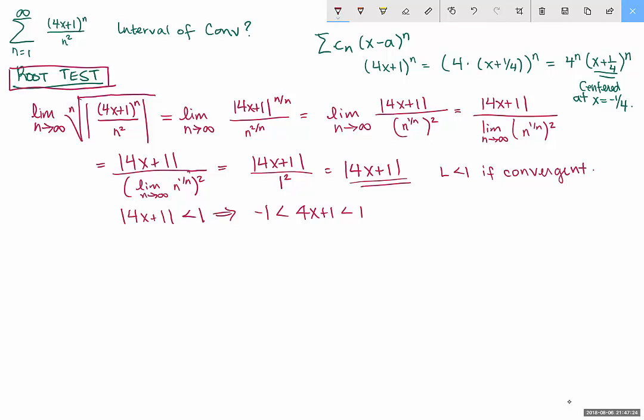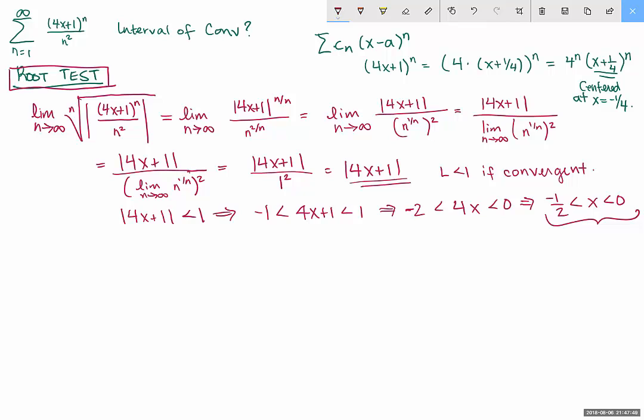Subtracting 1 from all parts, I get that 4x is between 0 and negative 2, and therefore negative 1/2 is less than x is less than 0. This is my interval, except for maybe the endpoints, for the interval of convergence.